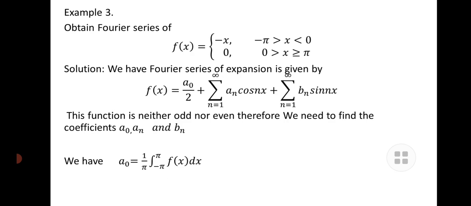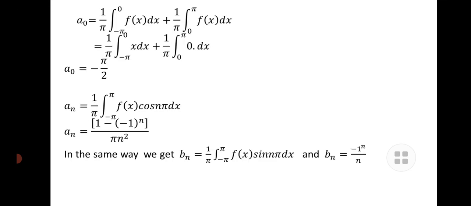So the coefficient a0 is defined as 1 divided by pi integral minus pi to pi f of x dx, and a0 is equal to 1 divided by pi integral minus pi to 0 f of x dx plus 1 divided by pi integral 0 to pi f of x dx, because the main interval is minus pi to pi, and we can divide it into two intervals, that is minus pi to 0 and 0 to pi.